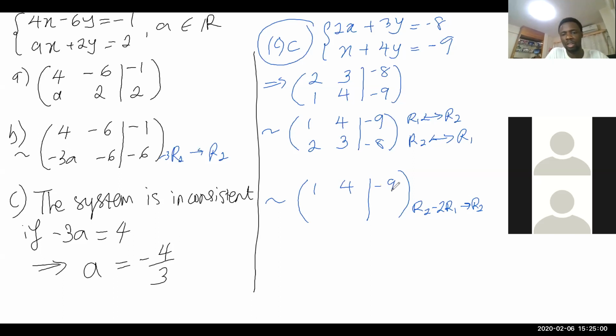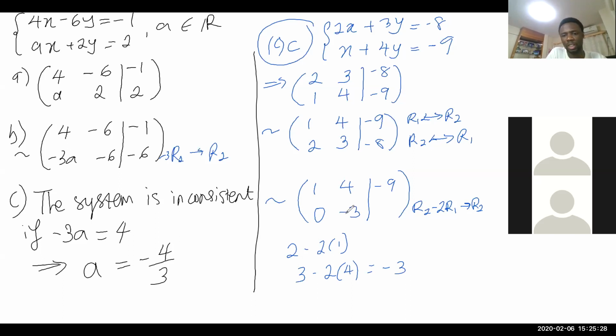The new row 2 is going to be the old row 2, which is 2, minus 2 times row 1, which is 1, so you get 0 here. Considering the old row 2, which is 3, minus 2 times 4. Please tell me if I made a mistake. So this is -3.